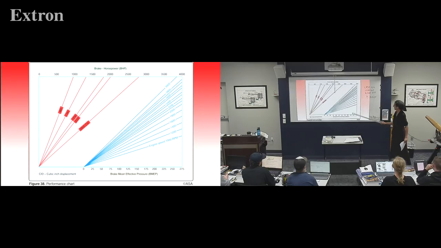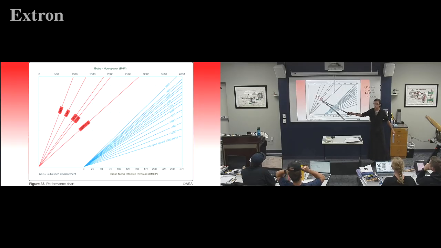Cubic inch displacement is on each of these red lines. So we say, okay, 1,830. Oh, look, there's a line for 1,830. Phew, we're going to use that. And then our brake horsepower, 1,250.